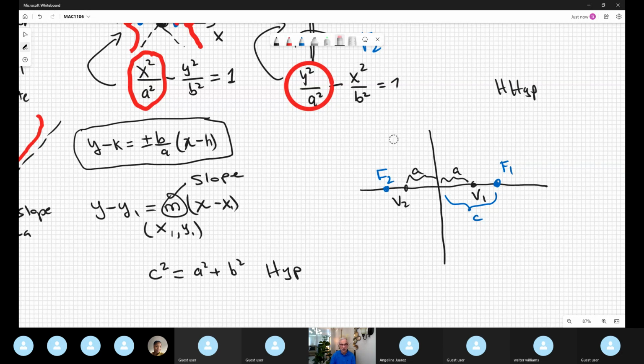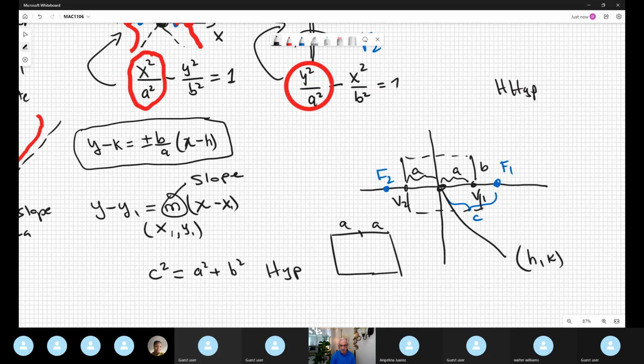And what is the place of B? I don't see B in any place. Well, B is located in the perpendicular direction. Connecting it with the center, the center in general being the point h, k, you form a rectangle, which is easy because the dimensions of the rectangle are A, A, B, B. This rectangle is called the reference rectangle.